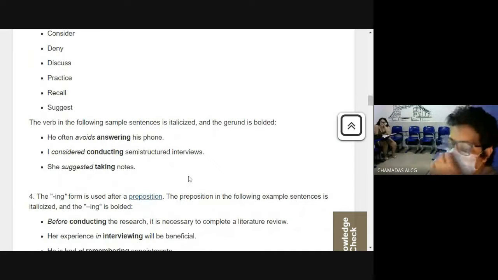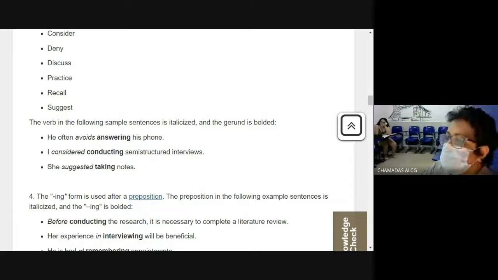But we have the emotion verbs that take a gerund after them. I love swimming. That's a gerund, okay? So here, I consider conducting semi-structured interviews. So I considered that. This is the noun used as an object, okay?